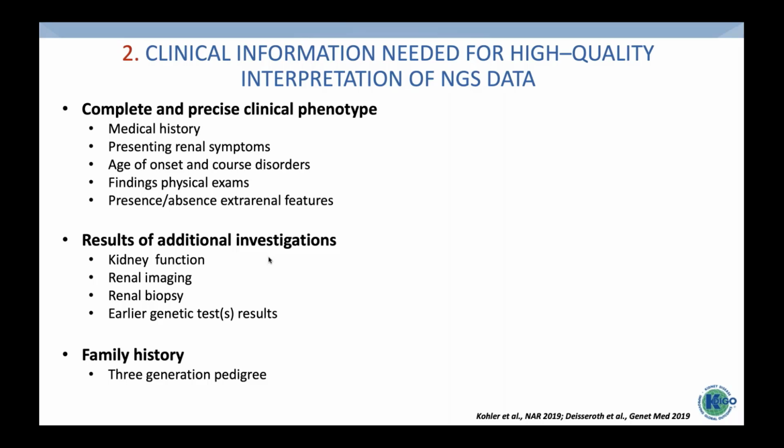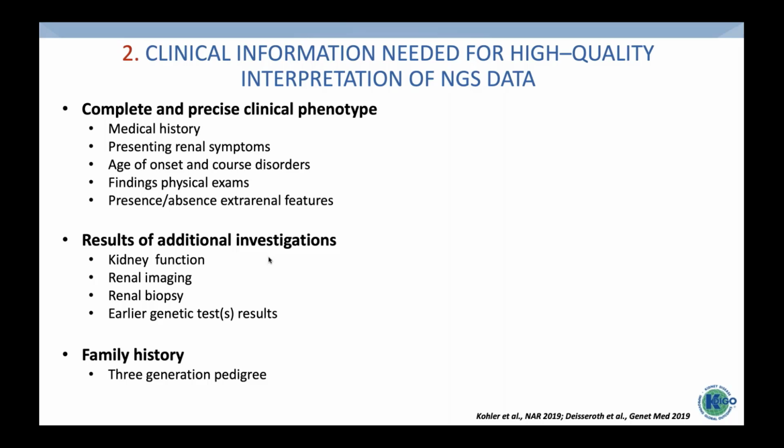So as you are used to do with all other kinds of diagnostic tests, it's of course important to have a complete and precise clinical phenotype, where things such as age of onset of the disorder, for instance, is very important, because as I showed you before, the younger the age of onset, the higher the chance that this is a genetic cause.